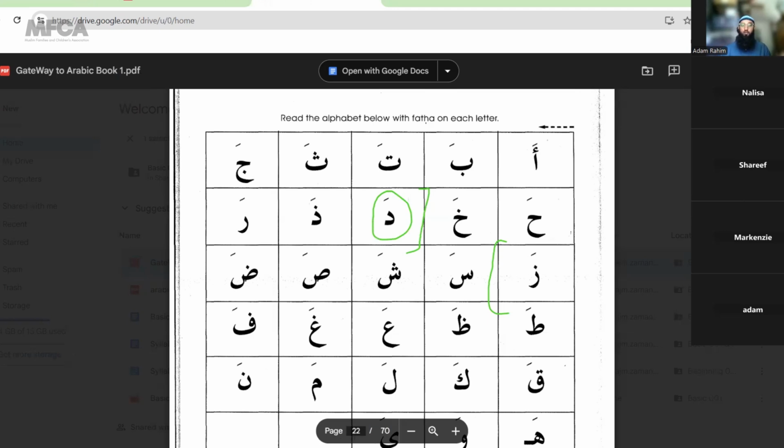Okay, it's the first letter we took today, and it's free of dots, right? So it's going to be dal. The name of the letter is dal, and the sound this one makes, guys, is da. Try that, brother. Da. Da. Very good. The letter itself is dal. Ahsanta. Very good job.